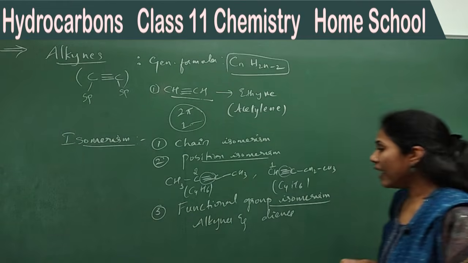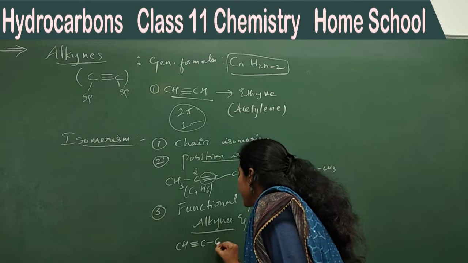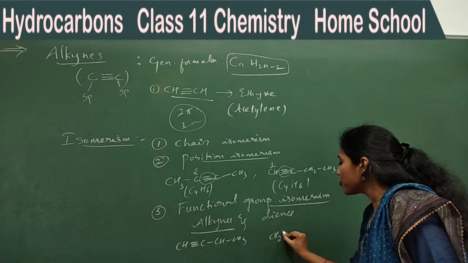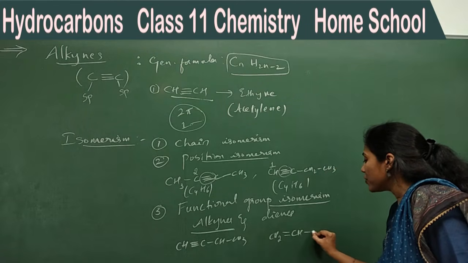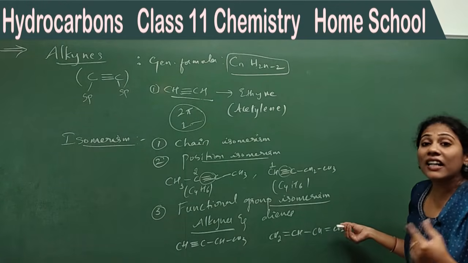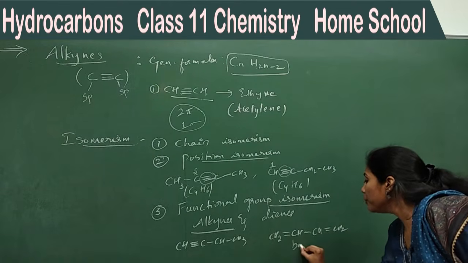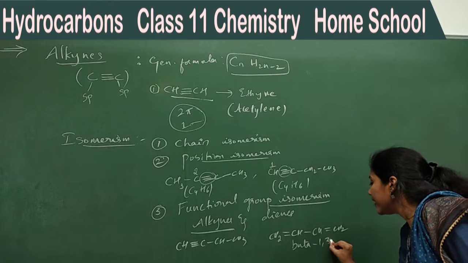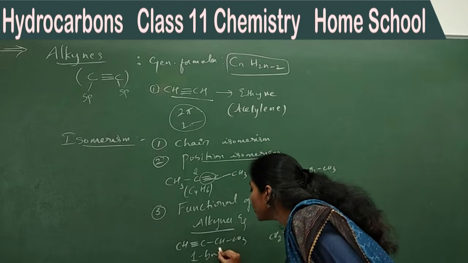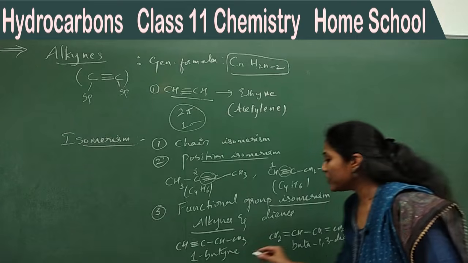Suppose I take an alkyne, this CH triple bond C, CH and CH3, and I'll take an alkadiene something like this, CH2 double bond C, H, CH double bond CH2. Alkadiene in the sense two double bonds you have. This is called buta-1,3-diene, isn't it? And this is 1-butyne.